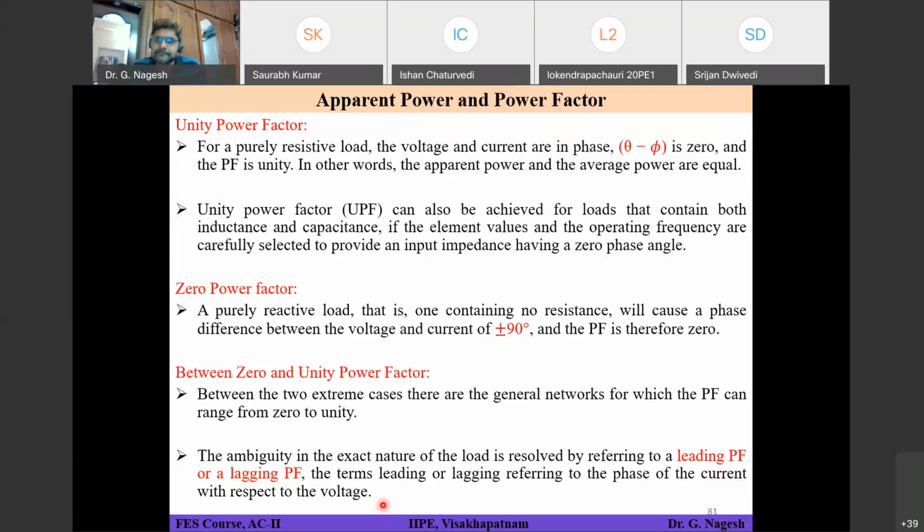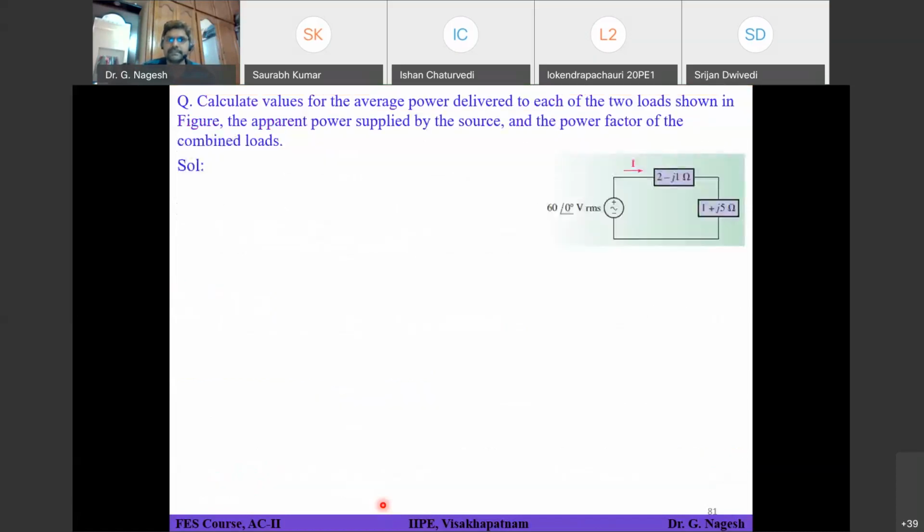These terminologies are important because in the question they will ask: what is the power factor, and what is the nature of the load, whether it's lagging or leading. When you say the power factor is, let's say, 0.6, you should say whether it's lagging or leading also. Let's see that with an example.